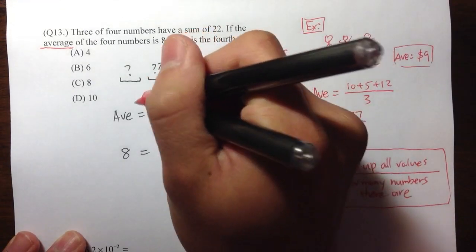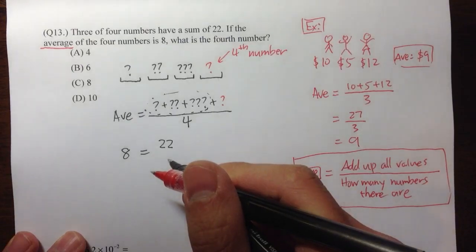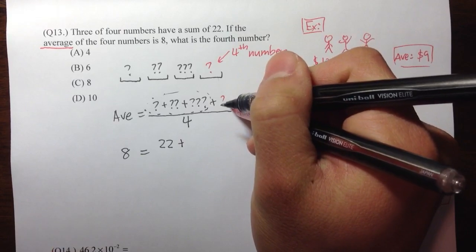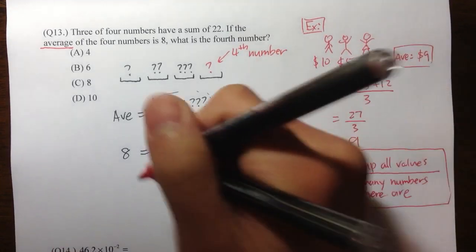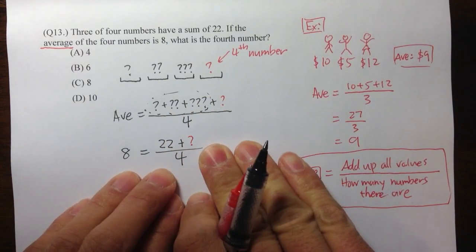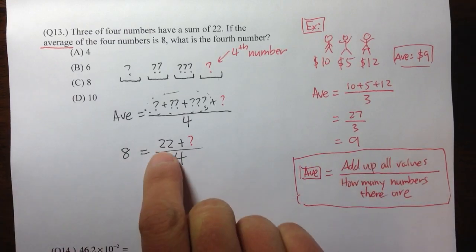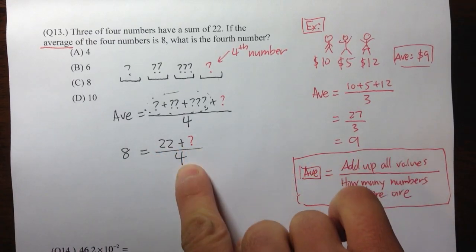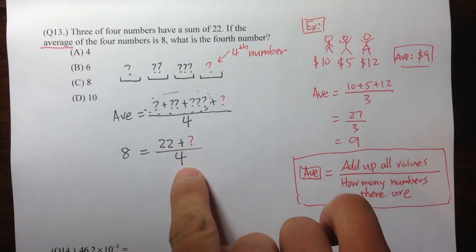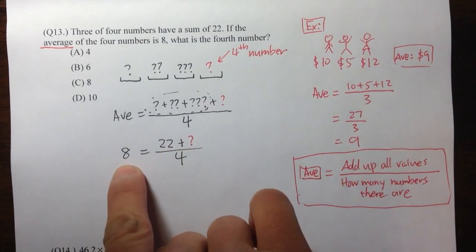So all this turns out to be 22. So 22 plus the fourth number, my question mark in red, divided by 4, should turn out to be equal to 8. So you can ask yourself, 22 plus what, divided by 4, is equal to 8?